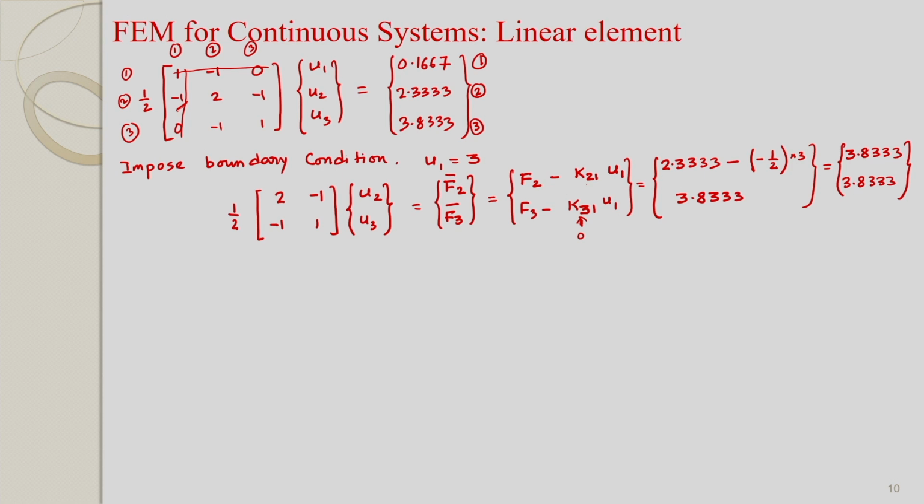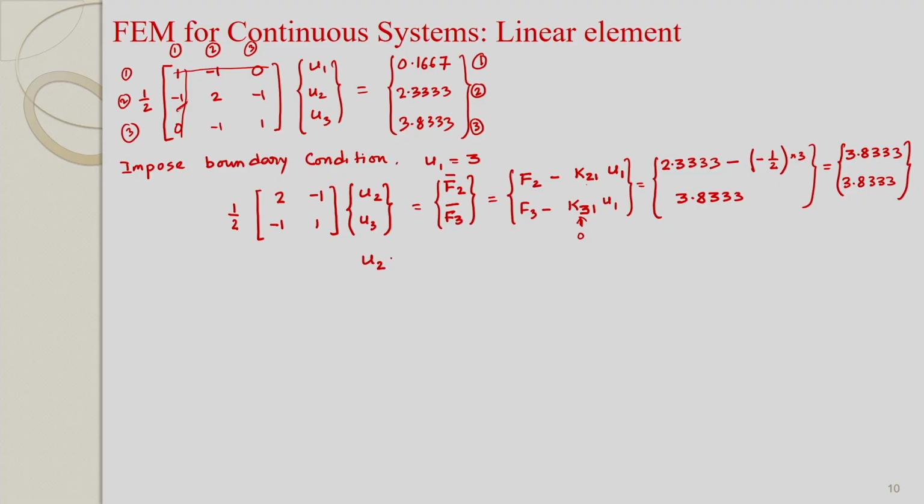Now, if we solve this equation, then U2 will be, and U3 will be. Thus for our domain, that is 0 to L equal to 4, these are the coordinates.